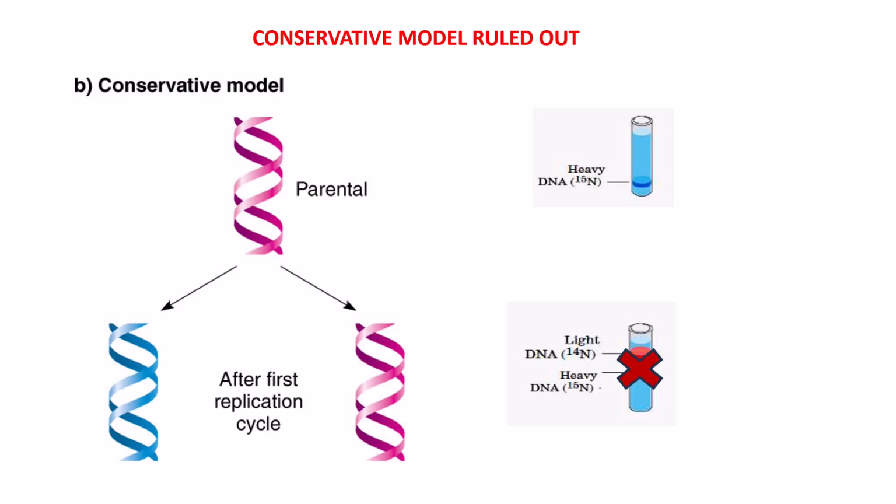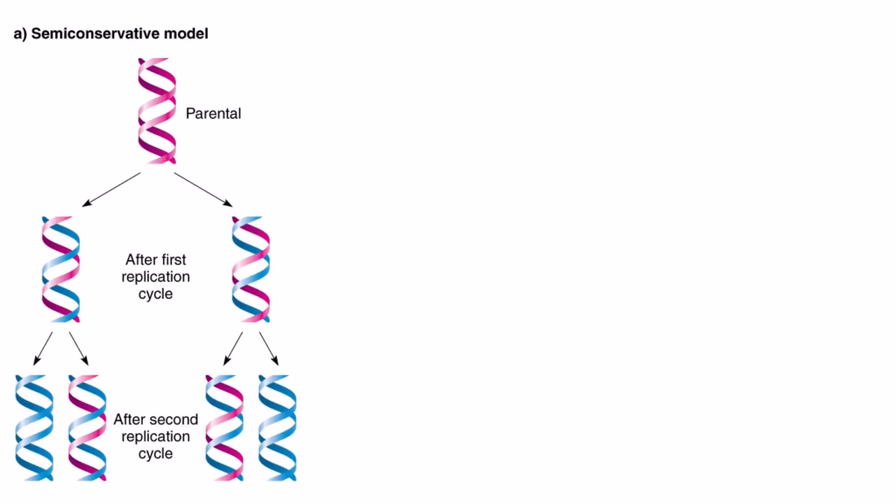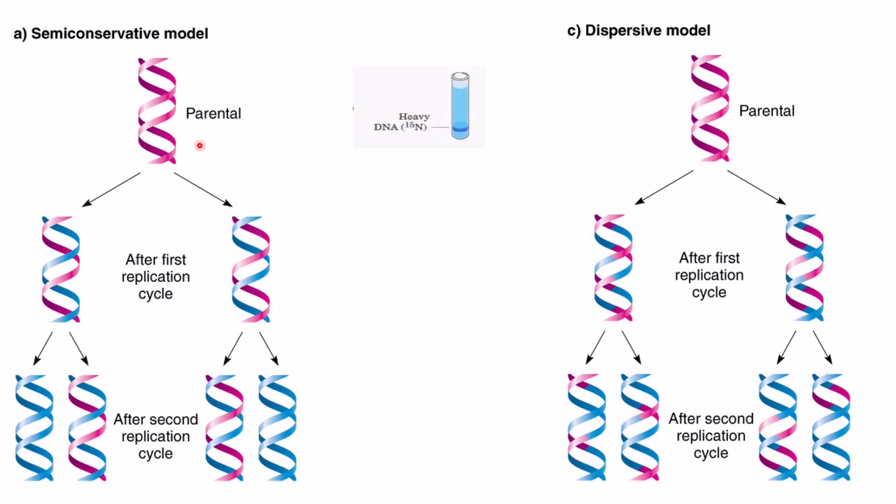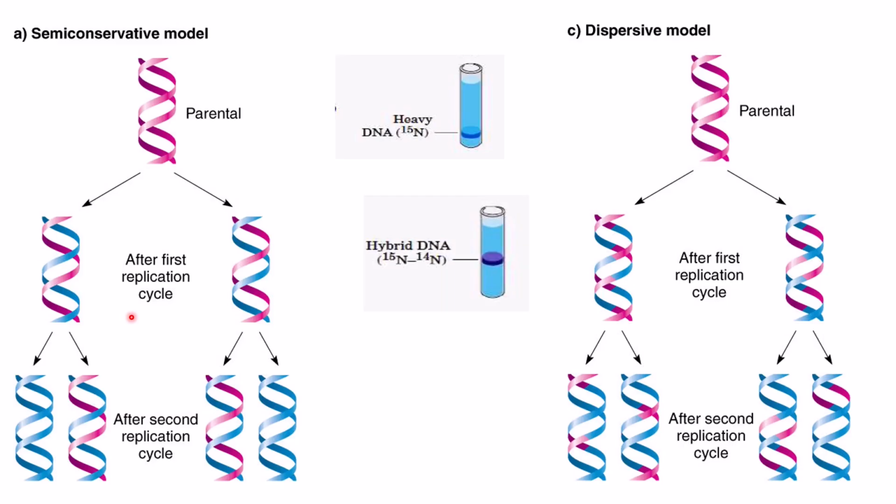Now, the two models that were left for Meselson and Stahl were the semi-conservative model and the dispersive model. As per that, the semi-conservative model tells us that the parental DNA, which is made up of the heavy isotope of nitrogen, would be giving us one single band coinciding with the heavy DNA. After the first cycle of replication, the semi-conservative model proposes that it should be giving us one distinct band coinciding with the hybrid density.